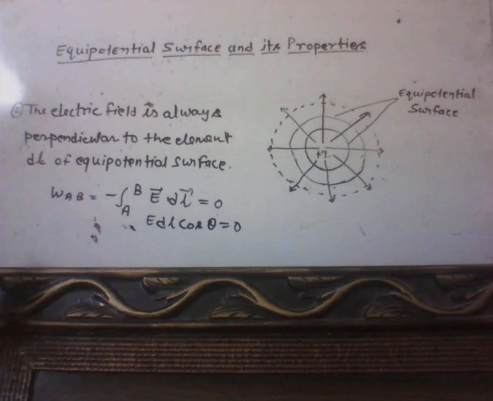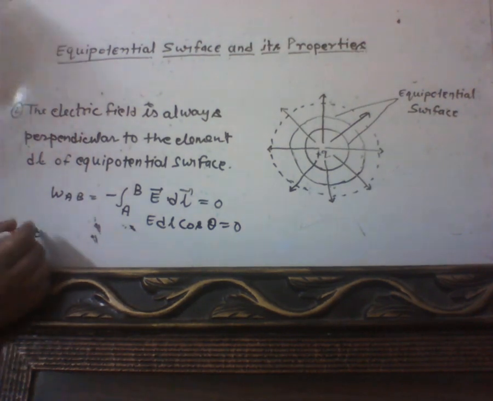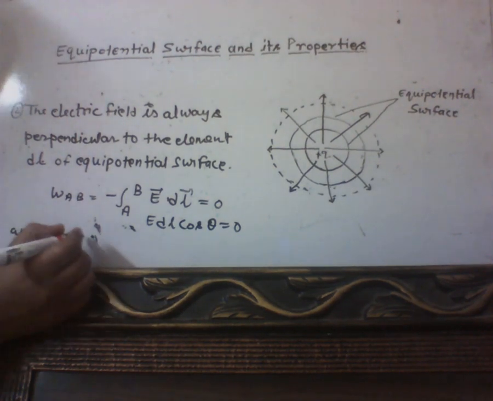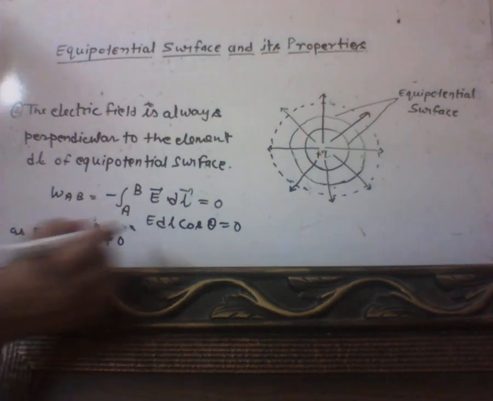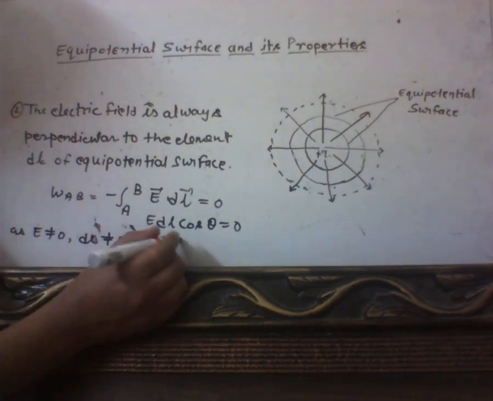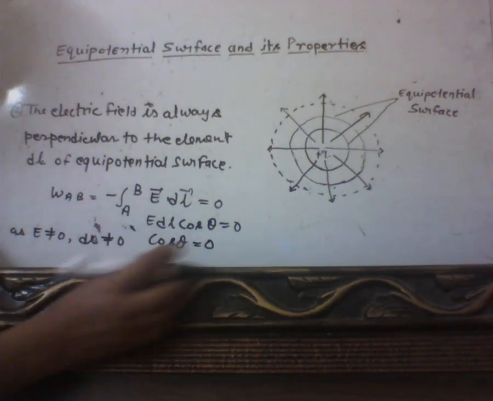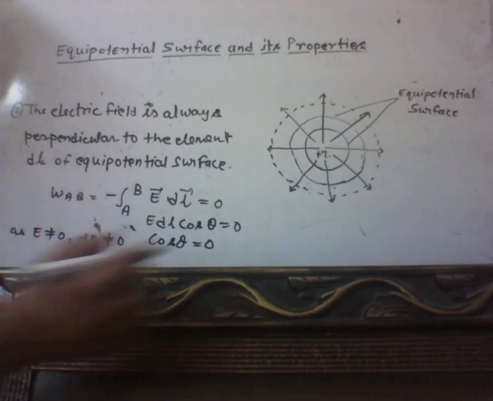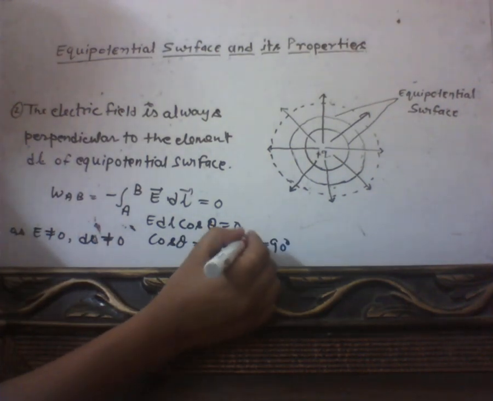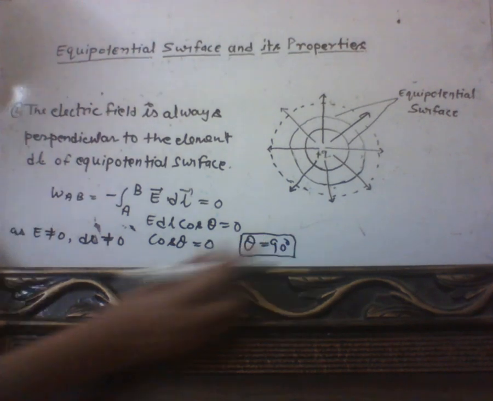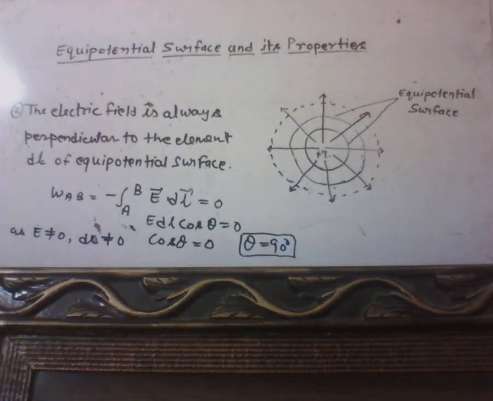Now as E can't be 0 and dl can't be 0, cos theta will be equal to 0. If cos theta is 0, this means theta is equal to 90 degrees. Or we can say the electric field is always perpendicular to the element dl of an equipotential surface.